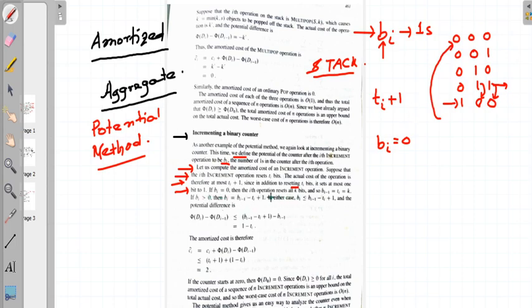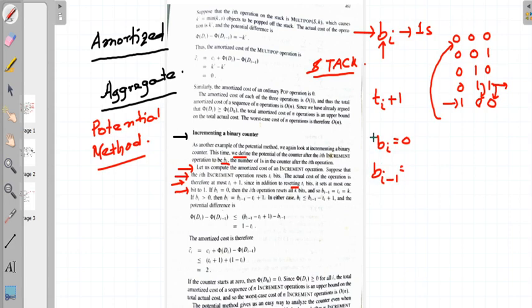In that case, the ith operation resets all k bits. So all 111 will be reset to 000. All k bits will be reset.